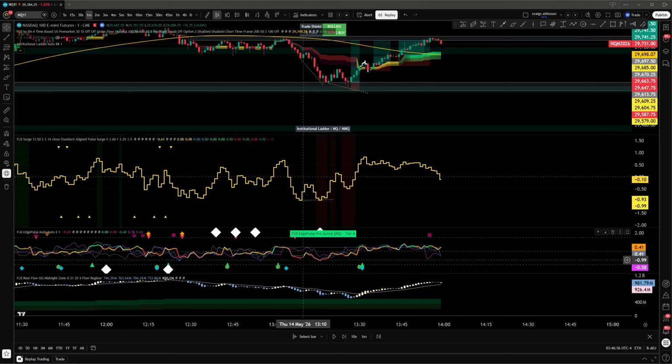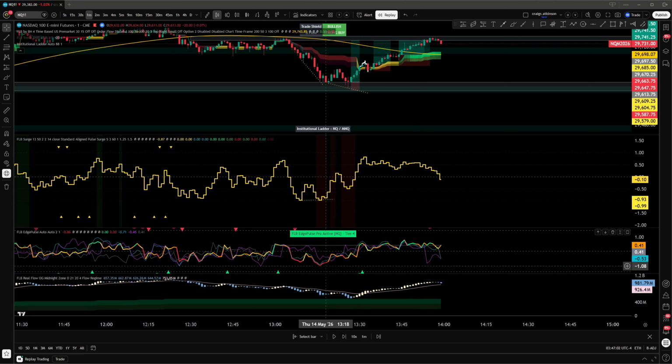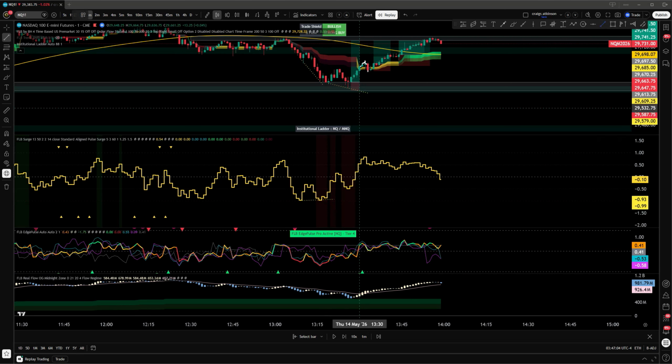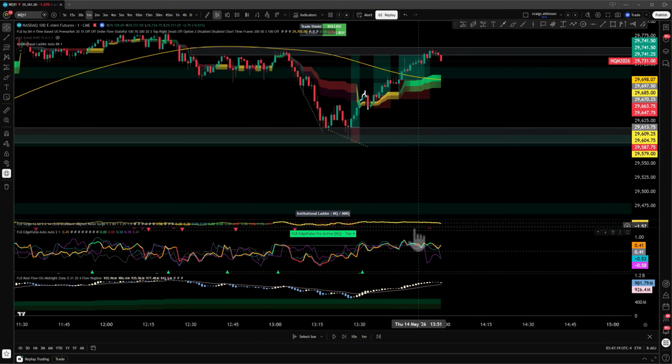And then there's also a divergence on edge pulse here, showing this low and this being a higher high right here. So everything in this area is confluencing that this end cap is real. It is going to reject, and the risk should be put on at this point, right?